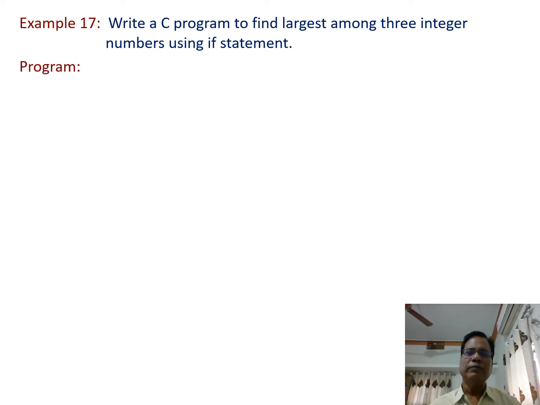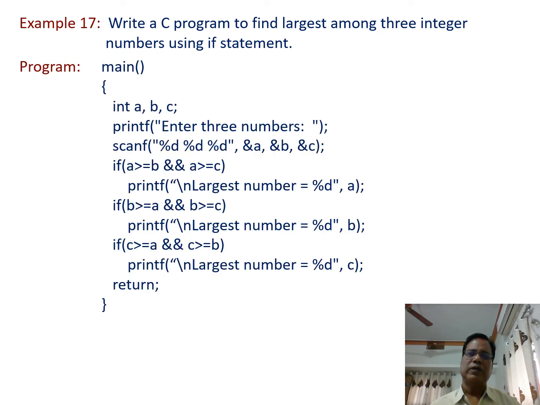So a program can be written like this one. Here we have to declare three integer variables to store the three integer numbers. So int a, b, c, then semicolon. Using this statement, we are declaring a, b, c, three integer variables.